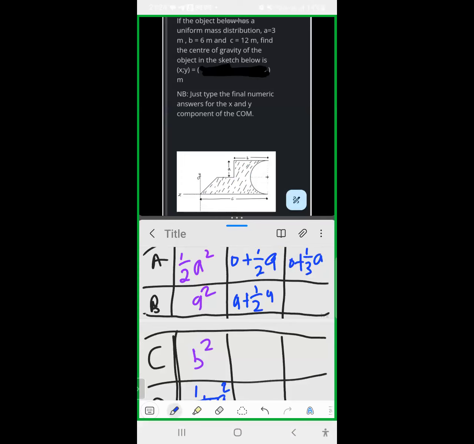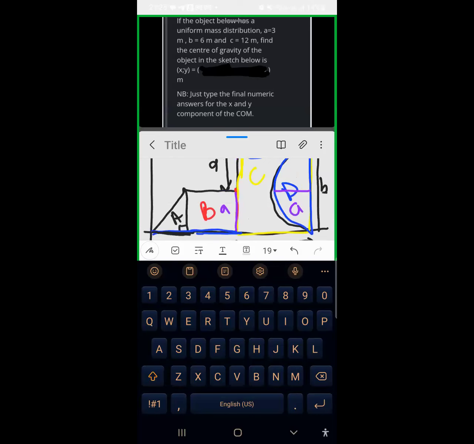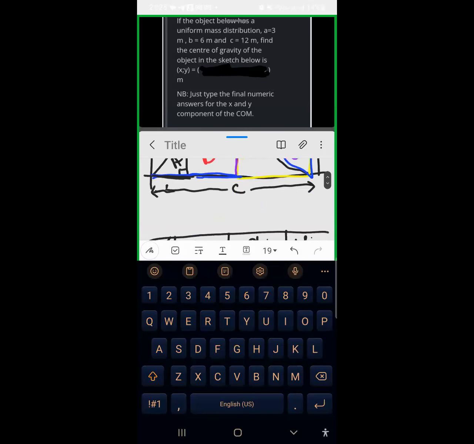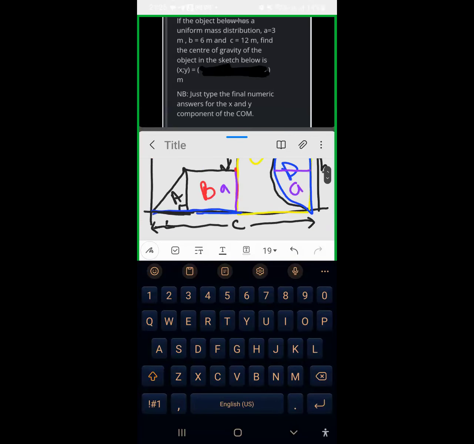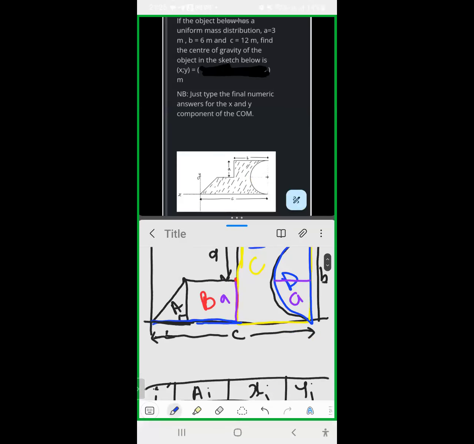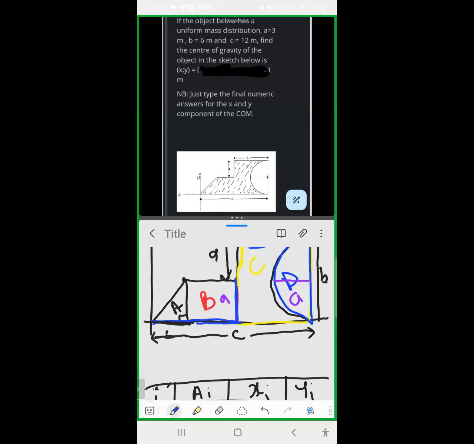And then for the y center of mass, we can see that this square as well didn't move any distance up or down. Therefore, its y center of mass is basically 0 plus half of its height, which is a units as well, because this is the distance from here all the way to here.